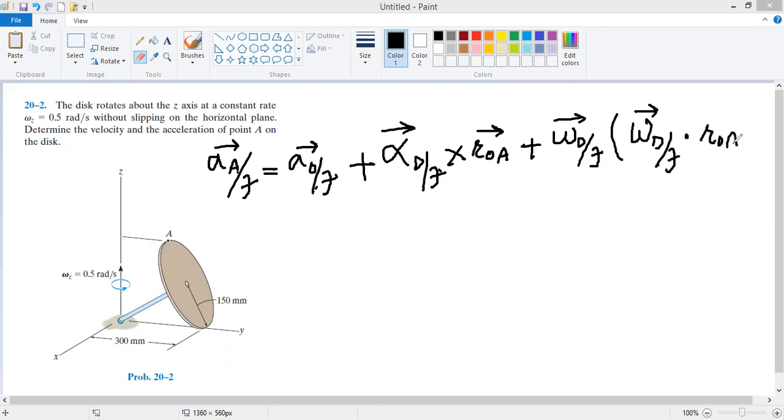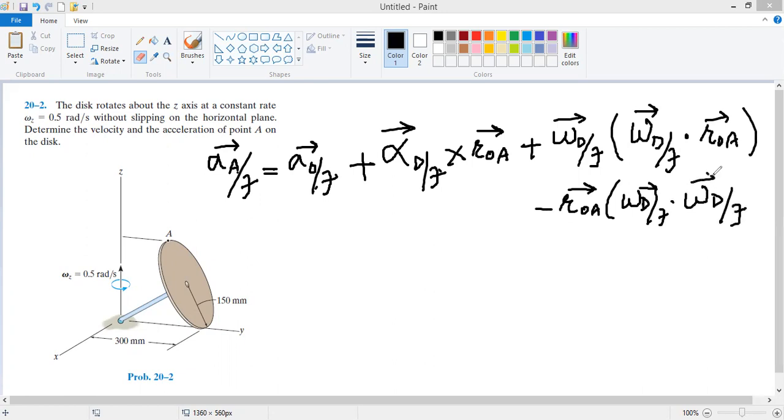This expression we are familiar with. Fine, minus ROA vector multiplied with angular velocity of the disk with respect to ground, dot product with angular velocity of the disk with respect to the ground. That's it. This expression. Linear acceleration of O with respect to ground: O happens to be at rest, therefore this term is equal to 0. Rest of the terms we do know.